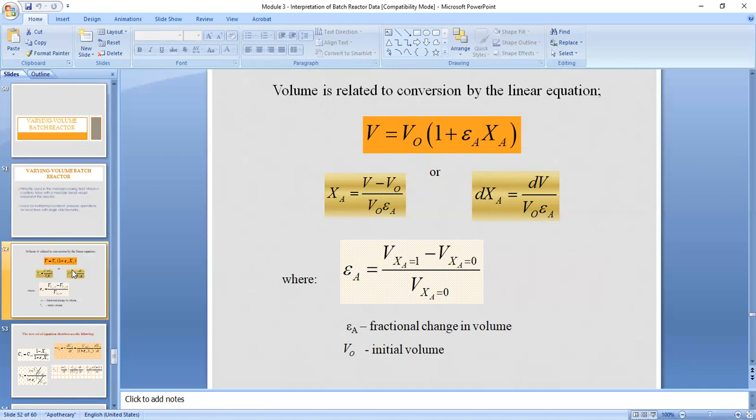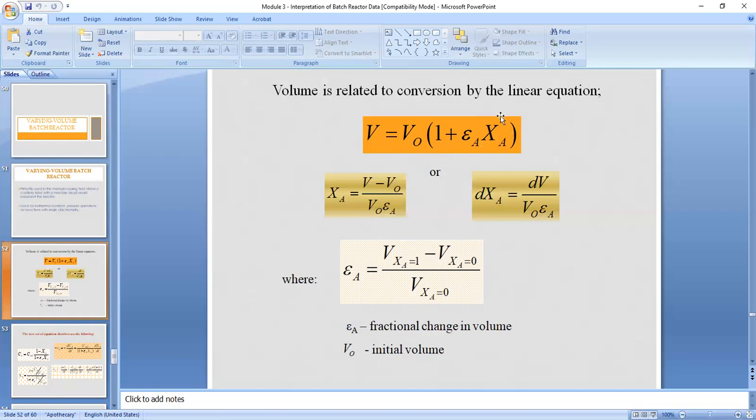In this case, our volume has a linear relationship with conversion. You can see here that the volume of your reaction fluid or your system at any particular time is equal to the product of the initial volume, V sub O, and the quantity 1 plus epsilon A XA.